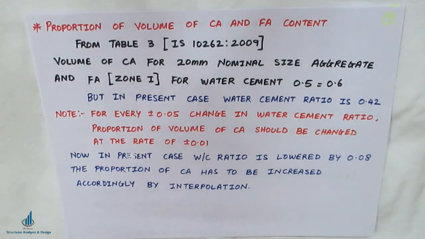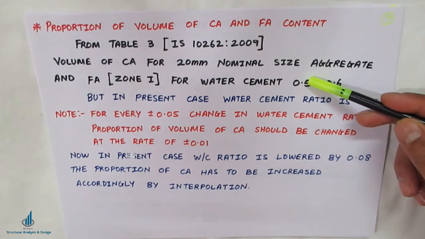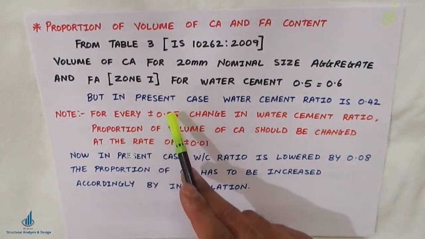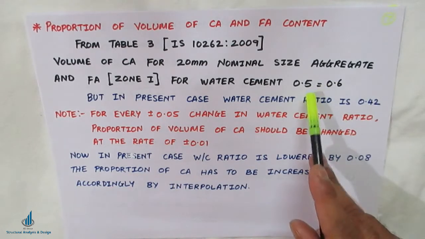The table given in IS 10262 is strictly for water cement ratio 0.5, and for 20 mm nominal size aggregate and zone 1 fine aggregate it is 0.6. But remember the table is for water cement ratio 0.5, while in our present case the water cement ratio is 0.42, which is less than 0.5.